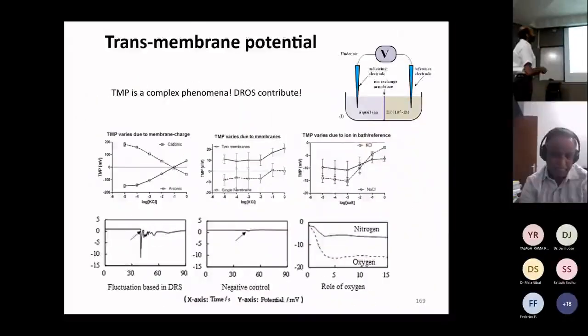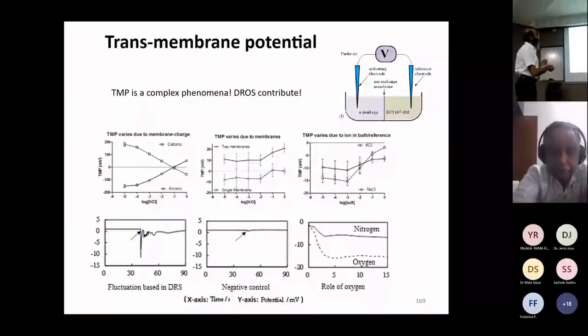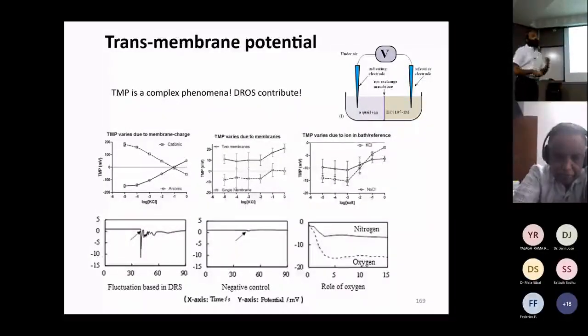Then the transmembrane potential. My collaborator Hiroyuki Tamagawa demonstrated for the first time that transmembrane potential can be changed in in vitro systems with radical production using enzymes. Basically, you have a simple setup like this, and you measure the membrane potential across it.